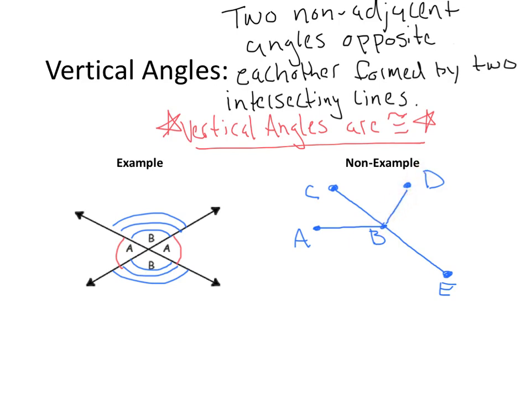We do have 4 angles, just like our example off to the left, but we have more than just two intersecting lines. Therefore, we have no vertical angles, and we can conclude that none of these angles are congruent.